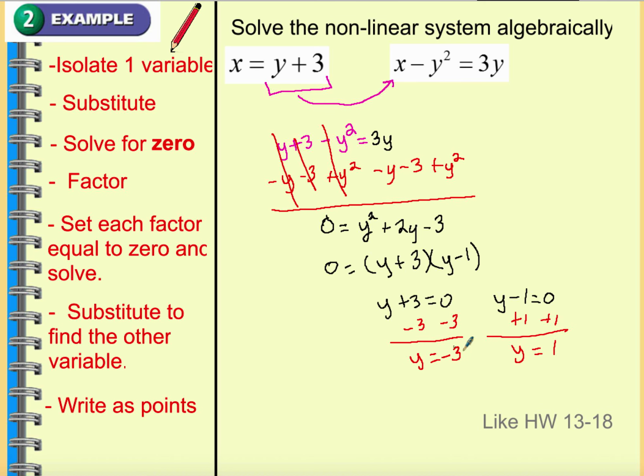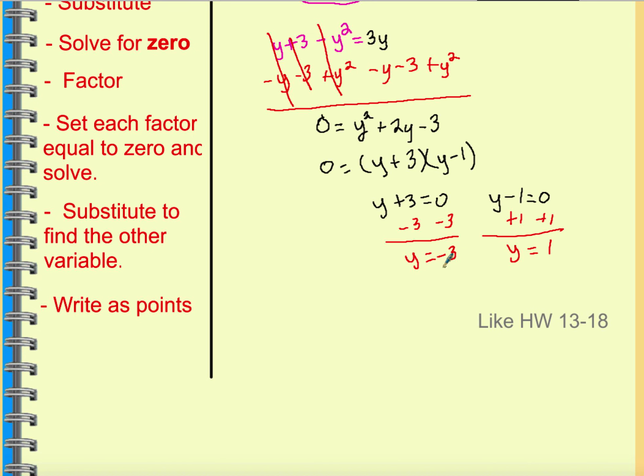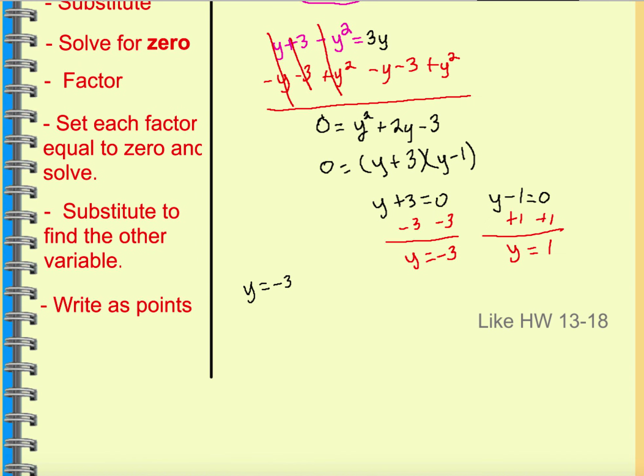So here we've got a value of y is equal to negative 3. Well, let's check it out. What if y is equal to negative 3? We can figure out what x would be. So if y is equal to negative 3, then we can use our top equation. X is equal to y plus 3.